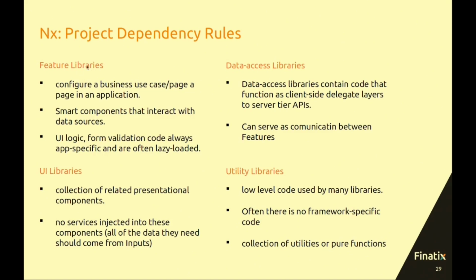So for example, a feature library would be allowed to import stuff from all those other libraries, while a data library would never be allowed to import something from a UI library. And then you get to the onion diagram we've seen before with the hexagonal architecture. You can enforce exactly this kind of implementation, and still have all the freedom to move around, yes.